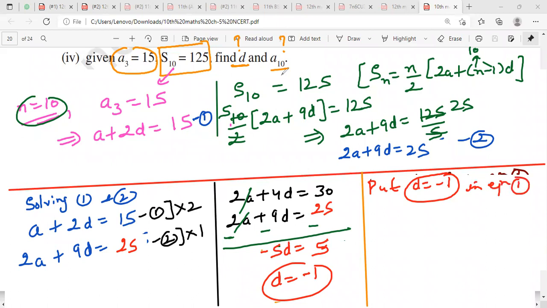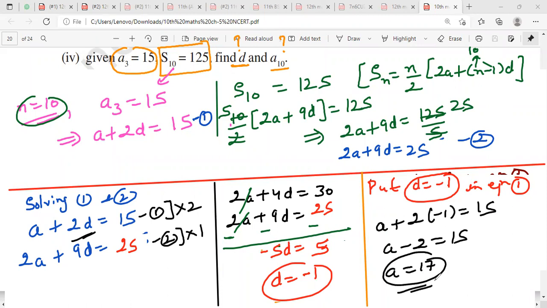So while putting this value, A plus 2 times minus 1 is equal to 15. So A minus 2 is equal to 15. So A will be equal to 17, right?